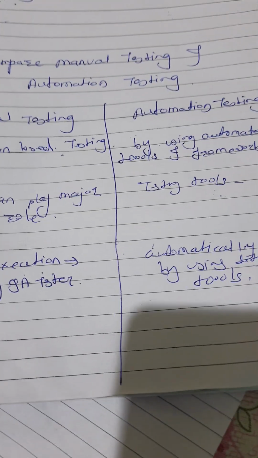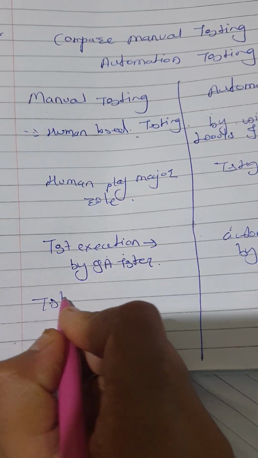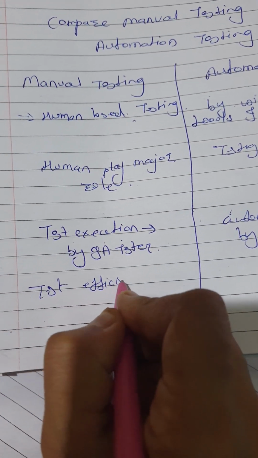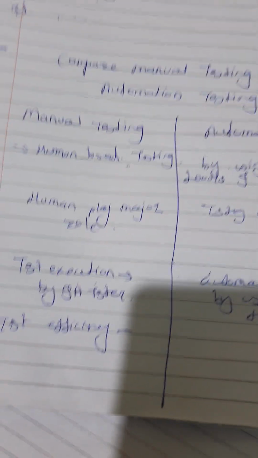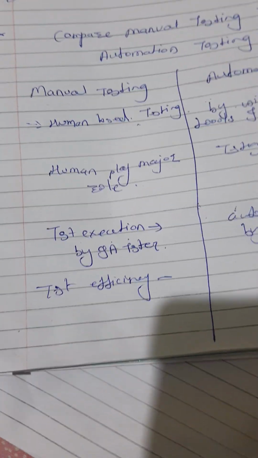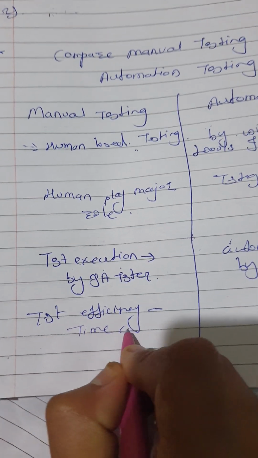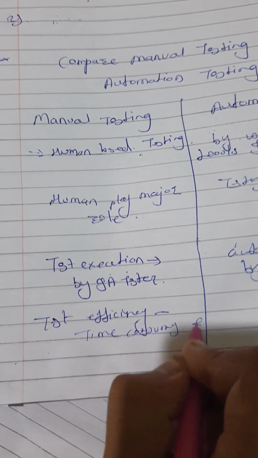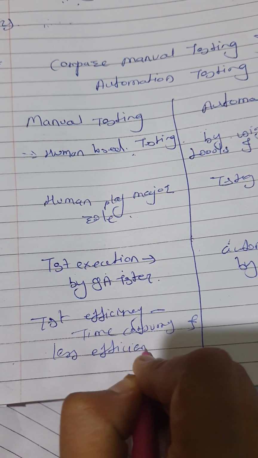So the next difference is related to test efficiency. In manual testing, it is time consuming and less efficient. Obviously manual testing means without using any tool, so it is time consuming and less efficient as compared to automation testing.